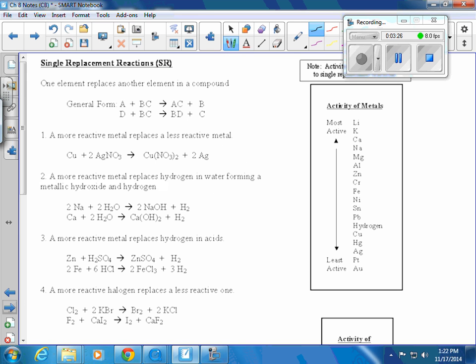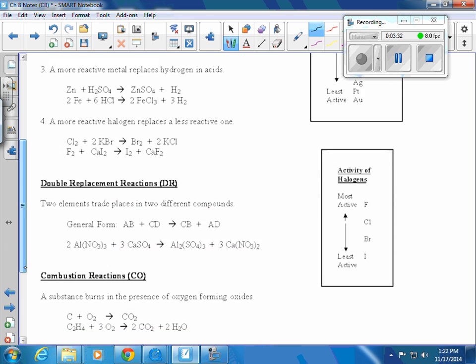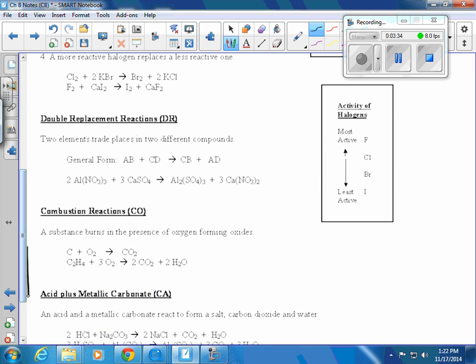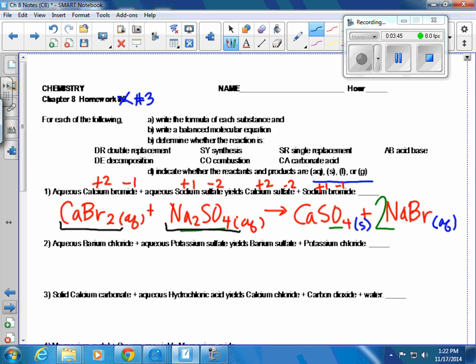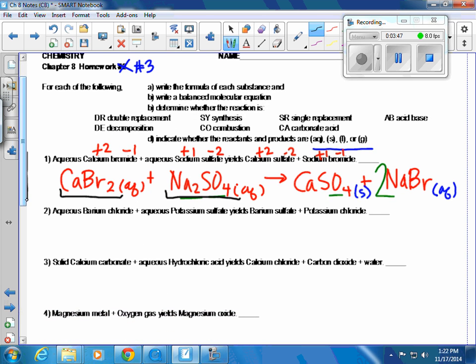Single replacement, I have a single element and a compound. That is not going to work. Let's see. So we go down to double replacement. This looks like it might work. Compound plus a compound yields another compound plus a compound. So that should be very similar to the homework question that we were looking at. So this is going to be a double replacement reaction.